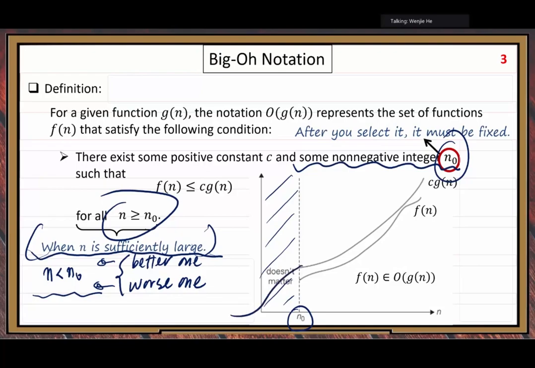It could be like this, right? You do not require c multiple of the g function to always be above the f function in this part. You don't require that. It's not important. So that's the meaning of this definition.